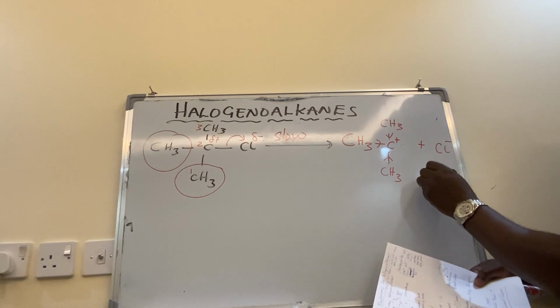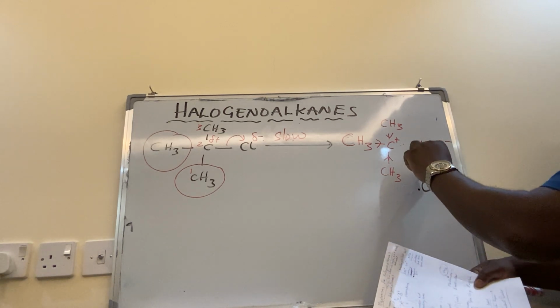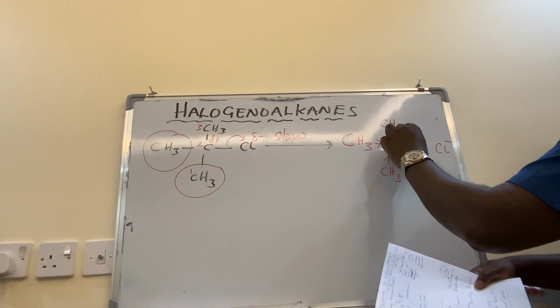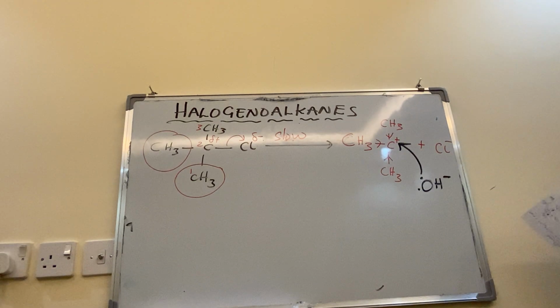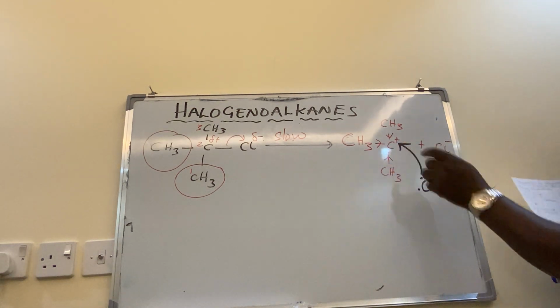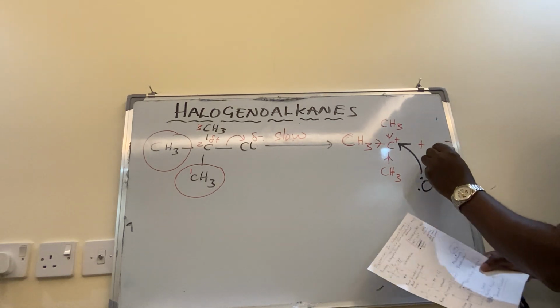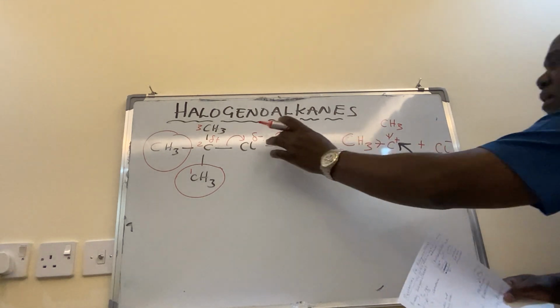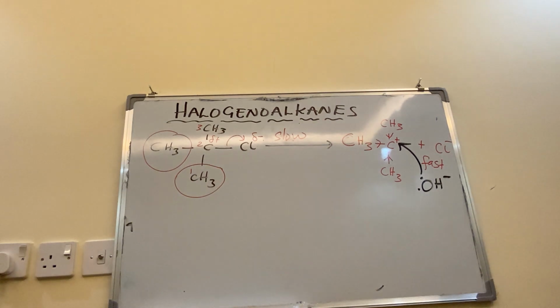This is our hydroxyl with its lone pairs. Take note, curly arrow. This one is negative, that one is positive. So this stage is fast. That was slow, this stage is now fast. So we have a two-stage process happening here, a slow stage and a fast stage.